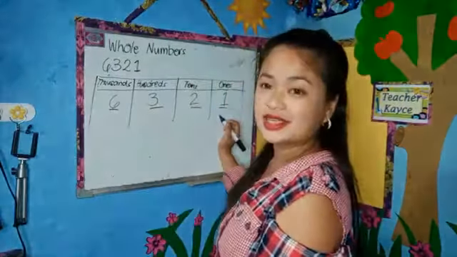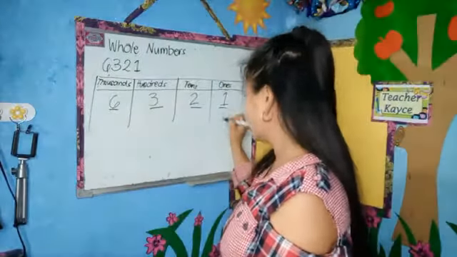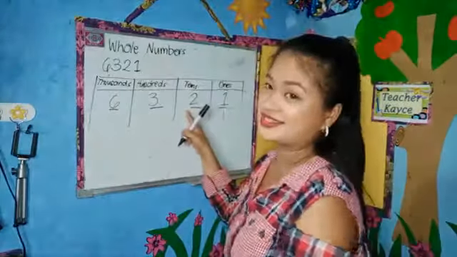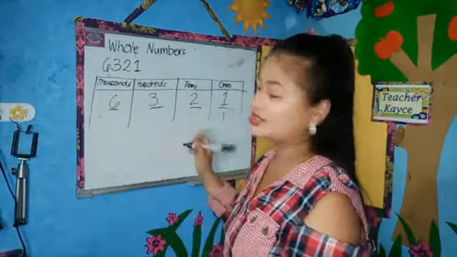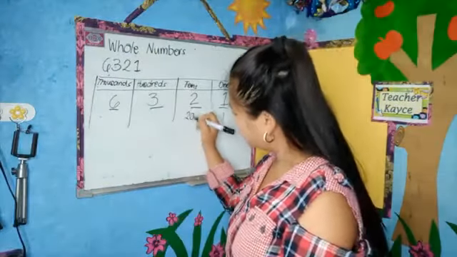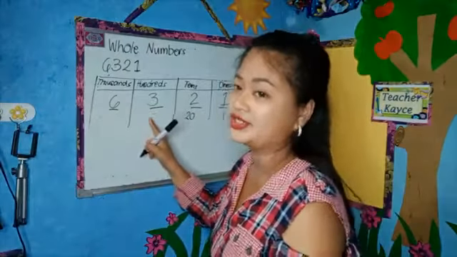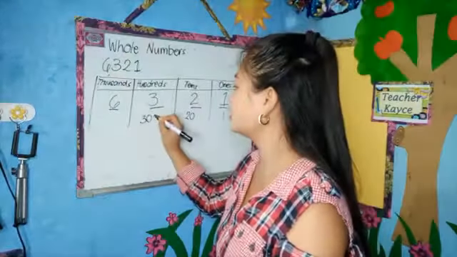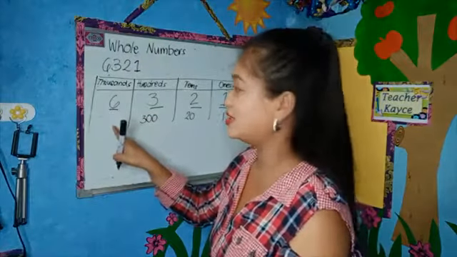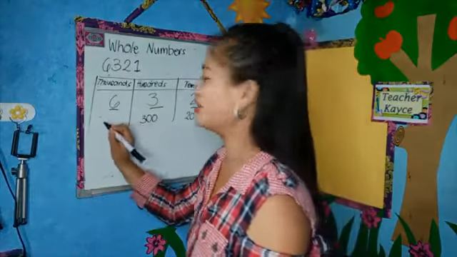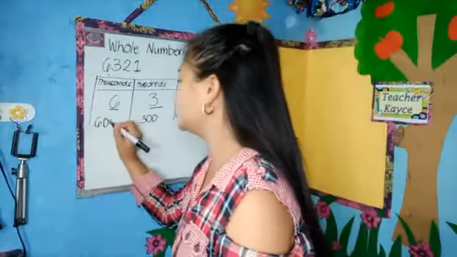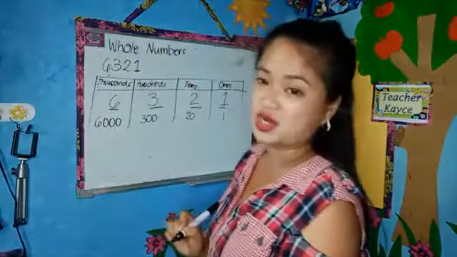For ones, it's 1. For tens, it's 20. For your hundreds, it's 300, of course. And for 6, it's 6,000. 6,000 has 1, 2, 3 zeros.